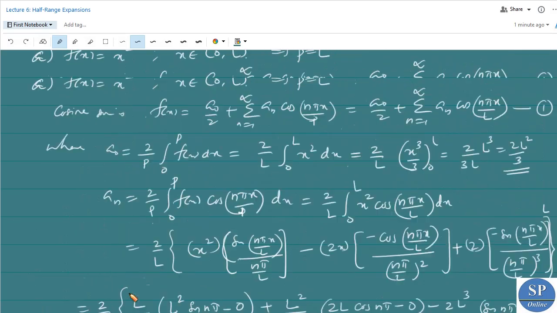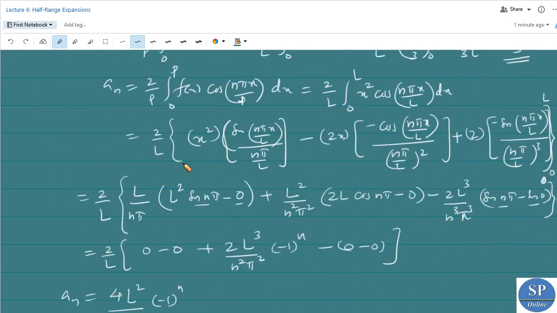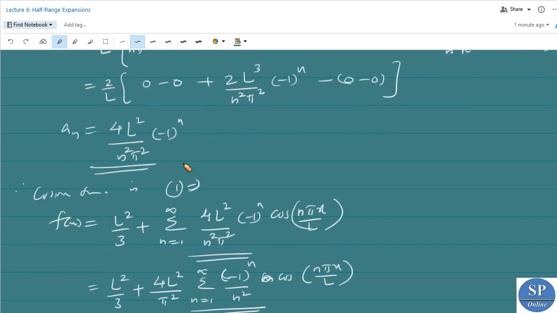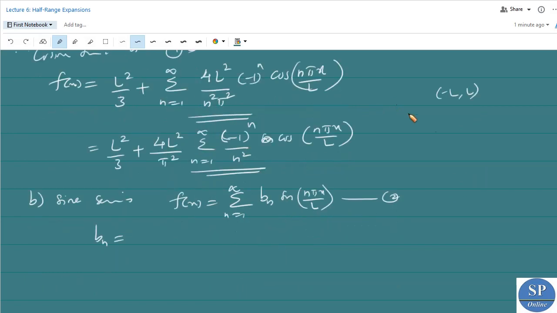Here f of x equal to x square is actually an even function, but it is given in 0 to L, and here we expanded this as a Fourier cosine series, that is extending this function in minus L to L as an even function. Now we are going to expand this function f of x equal to x square as a Fourier sine series, that is by considering this as an odd function in the interval minus L to L, because the graph of the function in 0 to L is actually this.